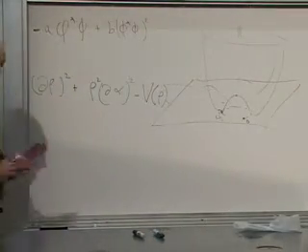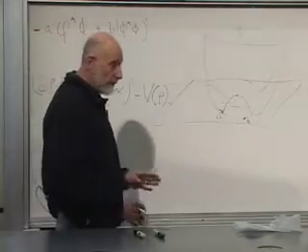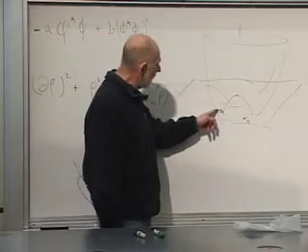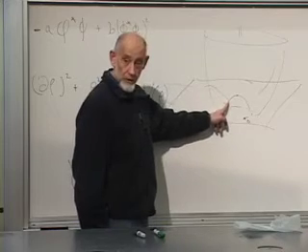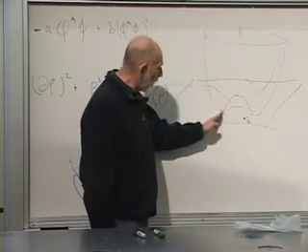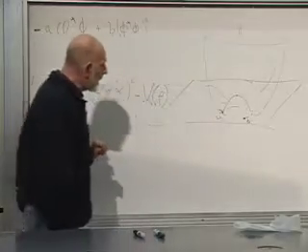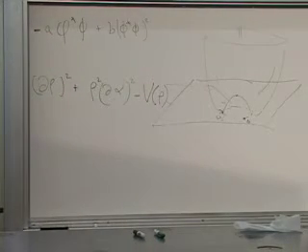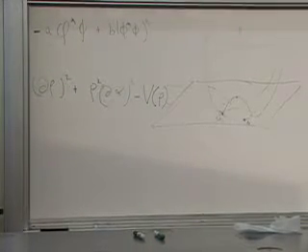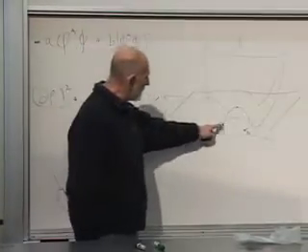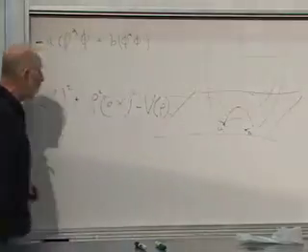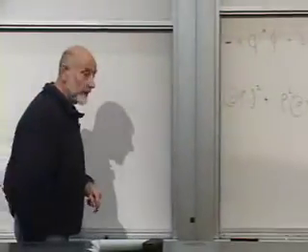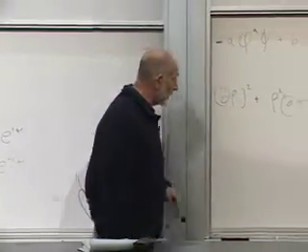If we don't have much energy, we're just trying to make a very low energy excitation, it's not going to pay us to change rho very much. We want to keep rho right on the track here. So in some approximation where we don't ever excite any motion up and down or away from the track, we can just think of rho as a constant. Rho doesn't vary from point to point.